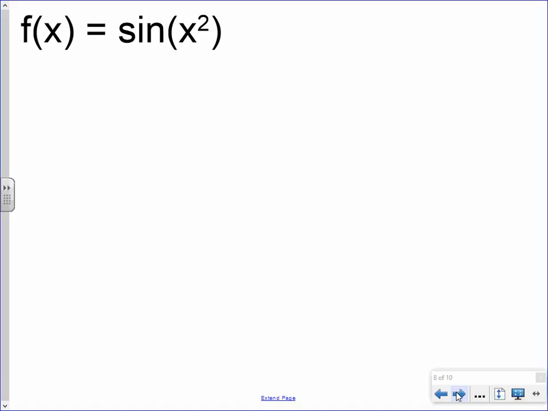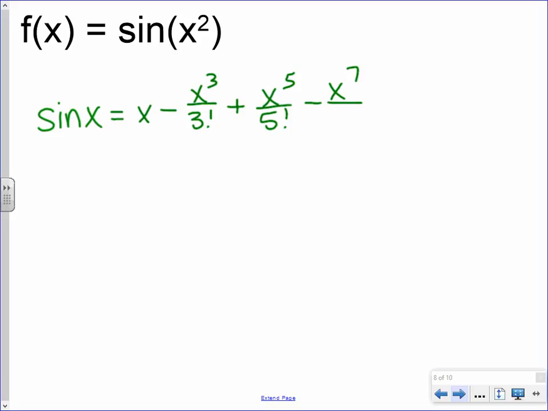Sine of x squared. So we know that sine of x is x minus x cubed over 3 factorial plus x to the 5th over 5 factorial minus x to the 7th over 7 factorial, and so on.